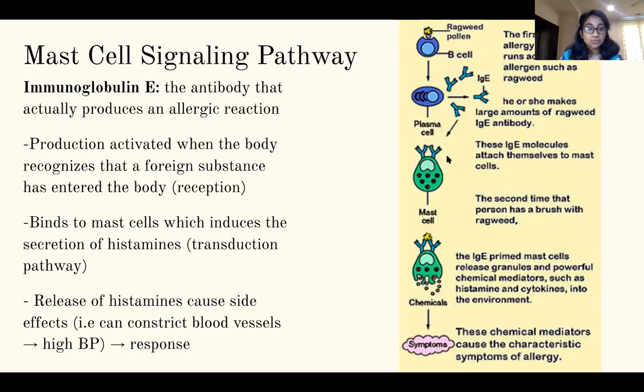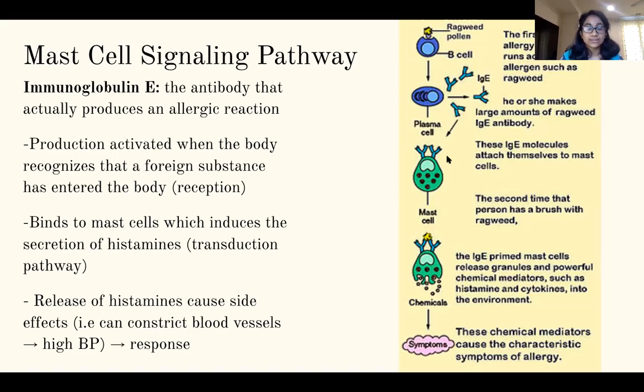The reason this is detrimental is that when degranulation occurs, it can release chemicals called histamines, and histamines are what cause a lot of the symptoms of allergies. For example, when histamines are released, they can cause the constriction of blood vessels, which I believe can cause low or high blood pressure. But essentially, that's how the food allergen pathway occurs.